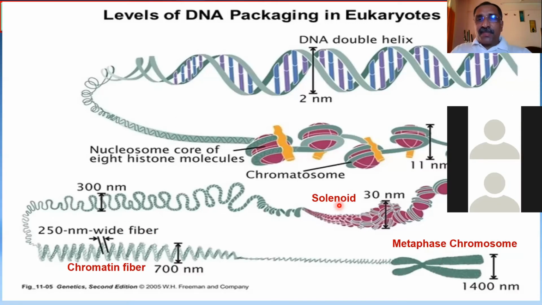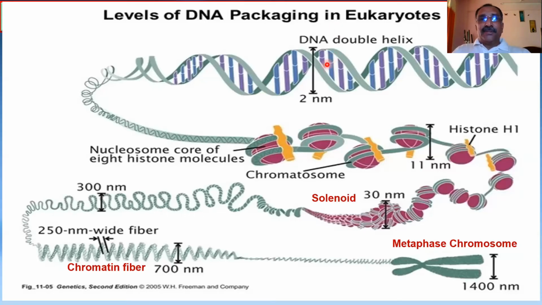Our point was that the 2 nanometer DNA is a fine, thread-like structure. Even in prophase you can see it like this. But now it is coiling and supercoiling, and ultimately during metaphase you get a chromosome like this, very small and thick.